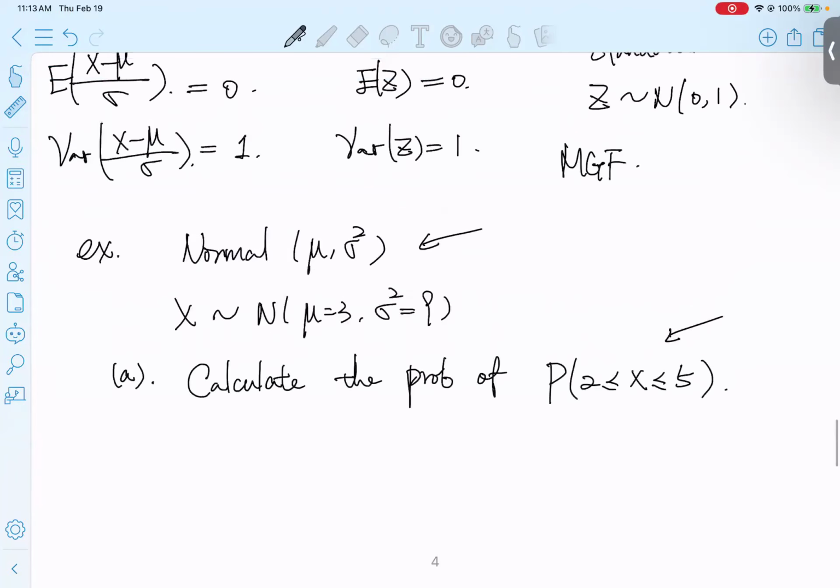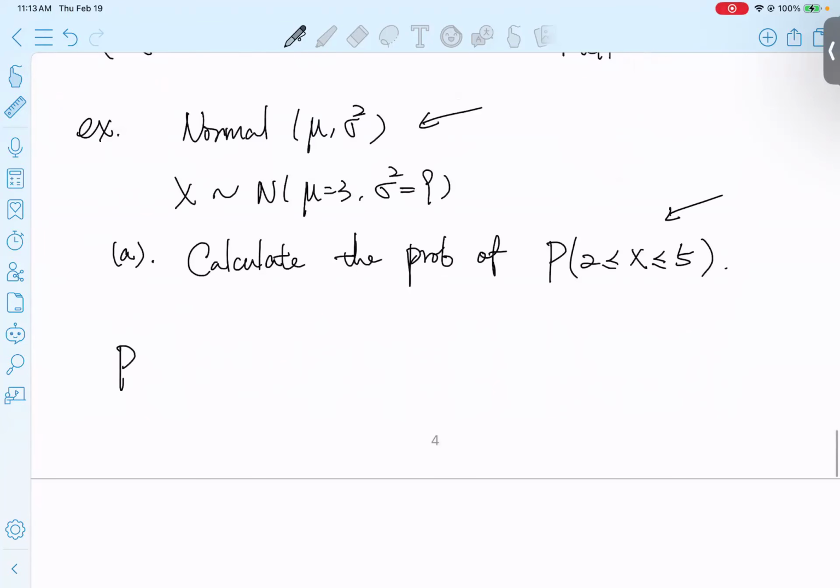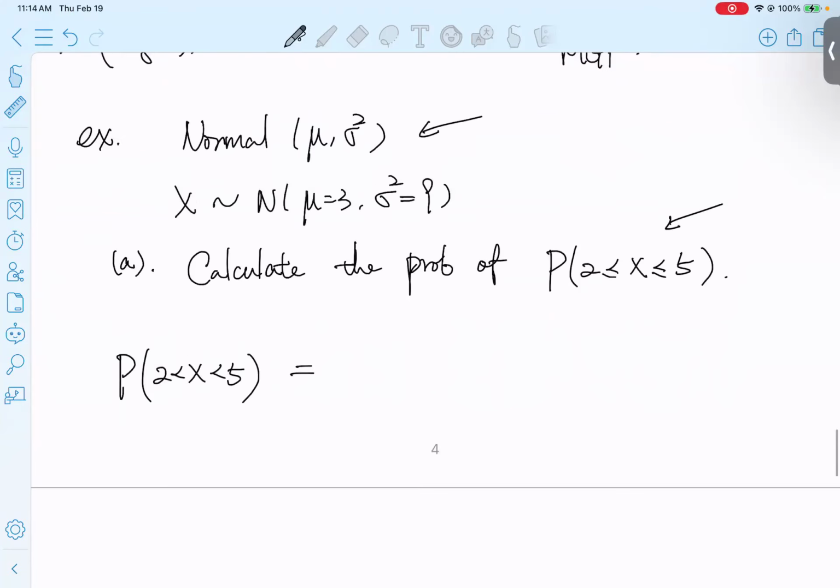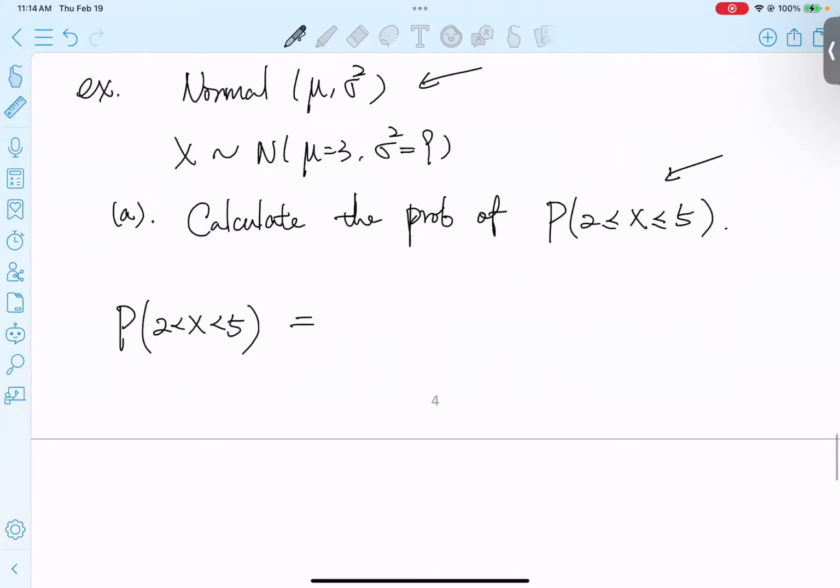Again, by the definition, to calculate the probability of something in the continuous case, we set the lower bound, upper bound, density function, dx.